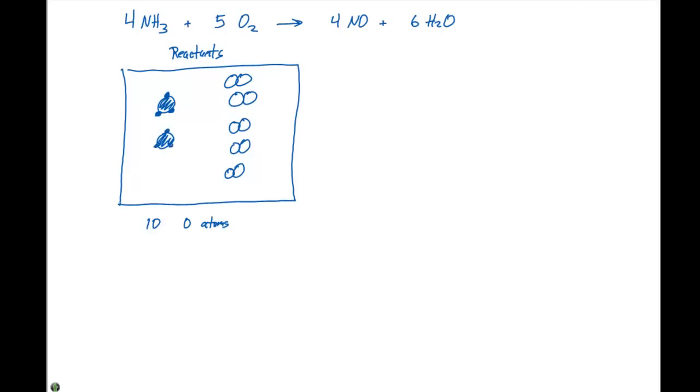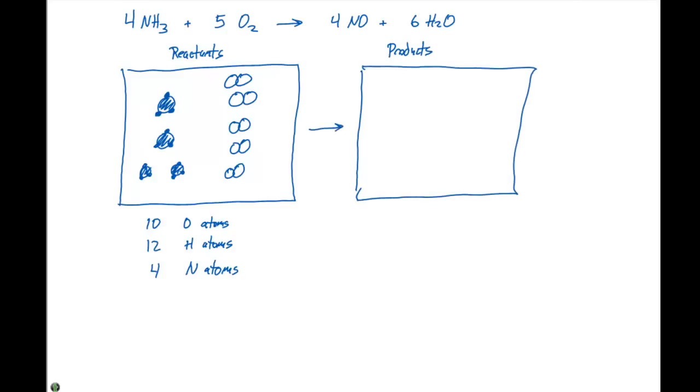So our four ammonia molecules are going to look like this. So with 4 ammonias, we have 12 hydrogen atoms, and we have 4 nitrogen atoms. So 10 oxygens, 12 hydrogens, 4 nitrogens. Over here on the product side, we can also pictorially show what happens in going from reactants to products.